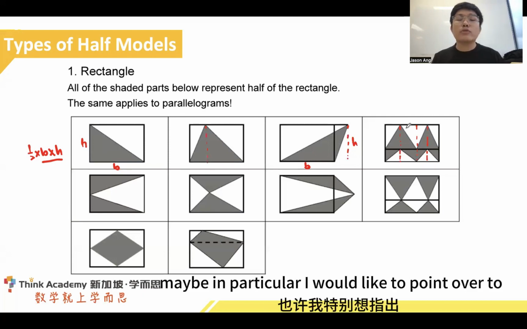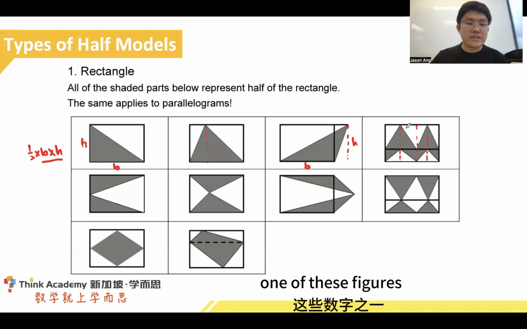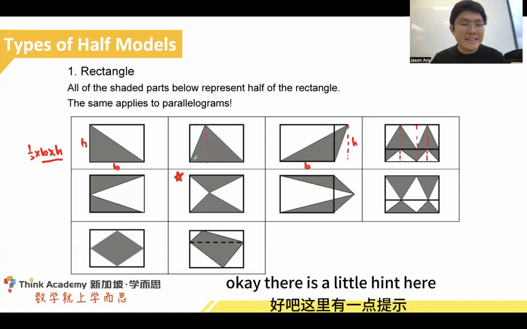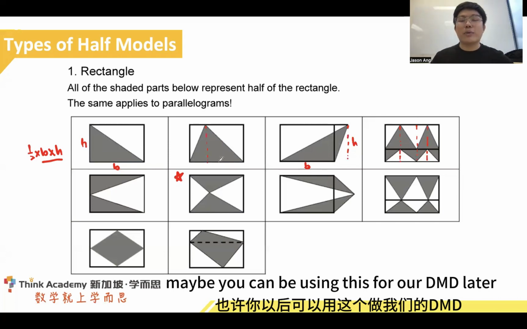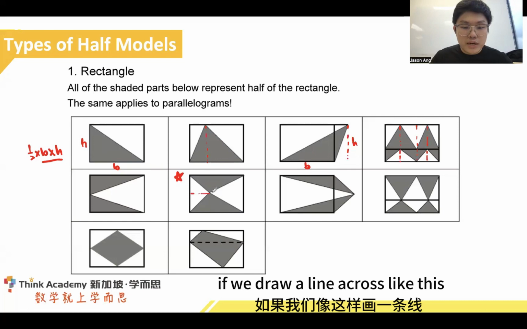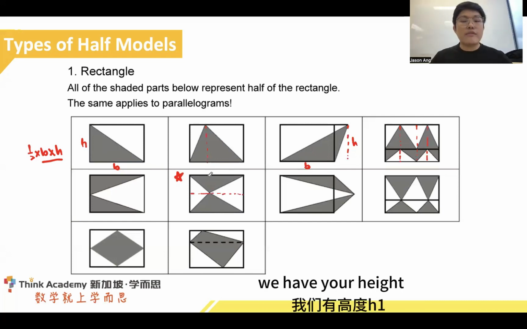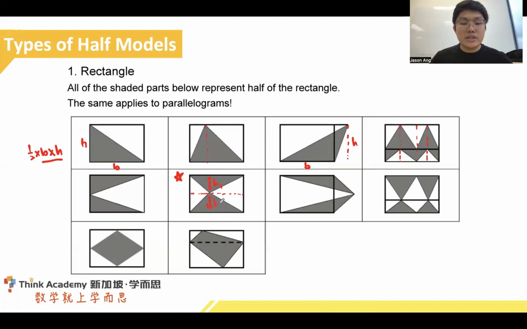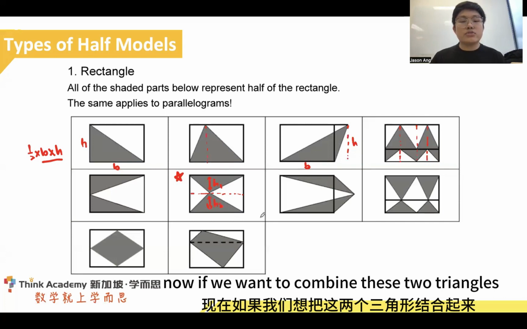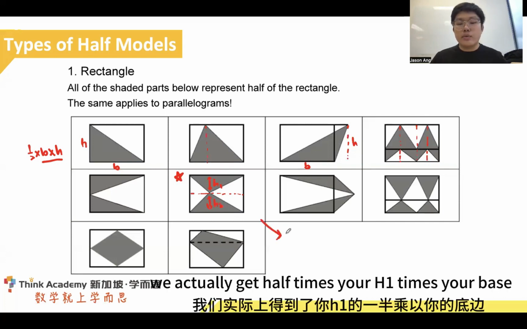Maybe in particular, I would like to point to one of these figures, the one over here. There is a little hint here. Maybe you can be using this for our DMD later. Now, for this particular figure, if we drew a line across like this, we have your height H1, and your height H2 for each of the triangles. If we were to combine these two triangles' areas together, we actually get half times your H1 times your base.